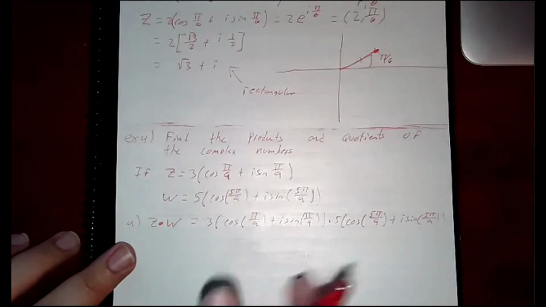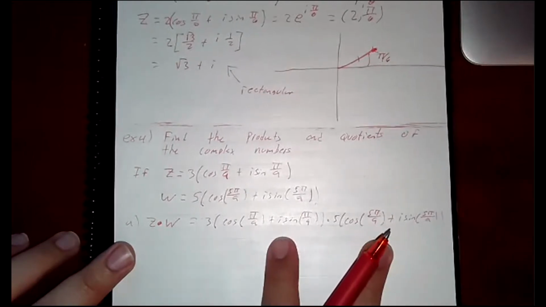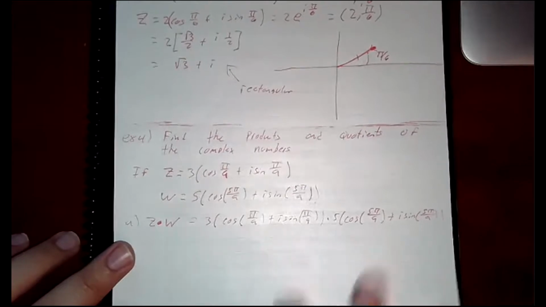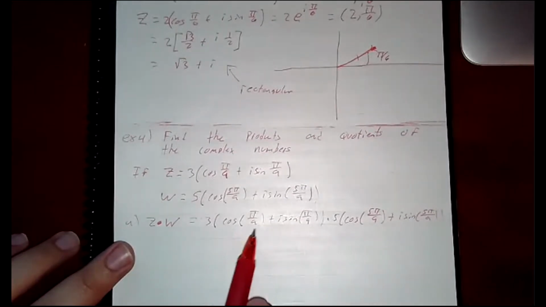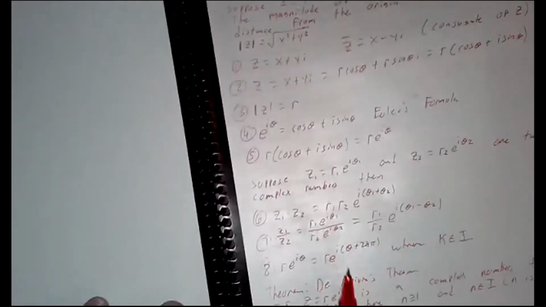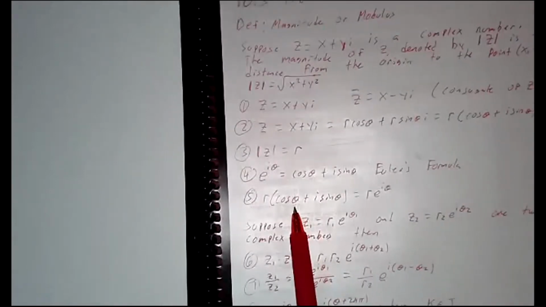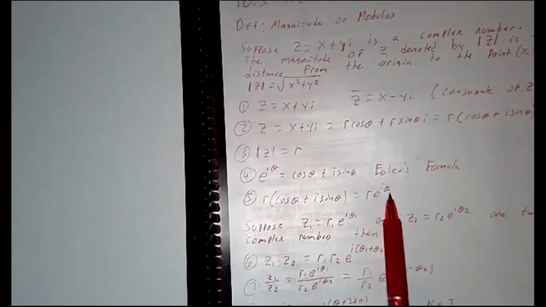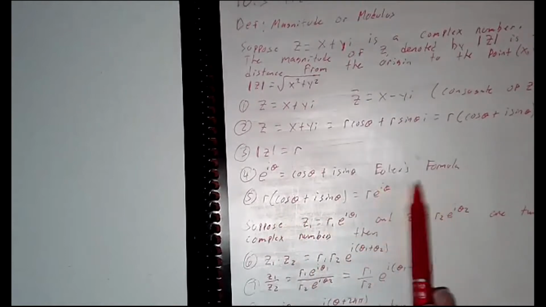So at this point, you're going to switch to the exponent form. That way you don't have to deal with this. So remember that this formula, you can write your cosine theta plus i sine theta as e to the i theta using Euler's formula. Let's go ahead and do that.